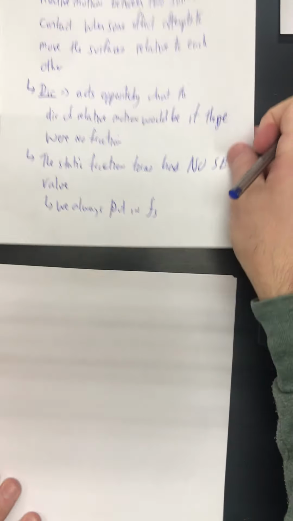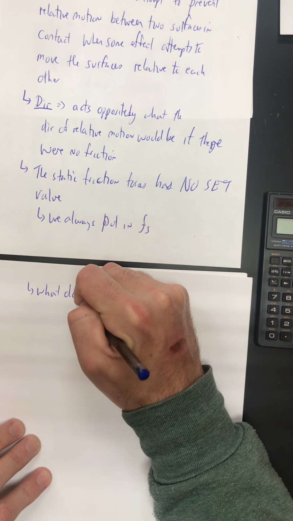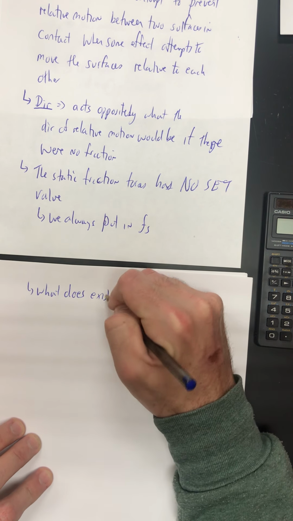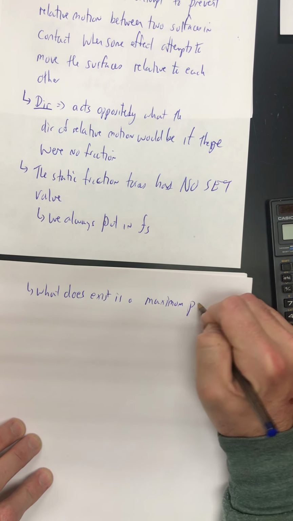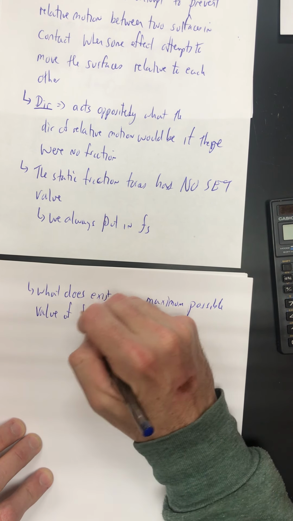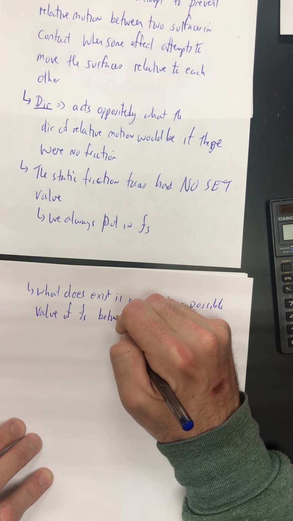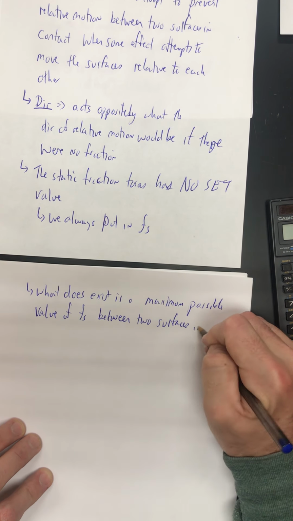Because what we have an equation for, what does exist, is a maximum possible value of Fs between two surfaces in contact. Right?